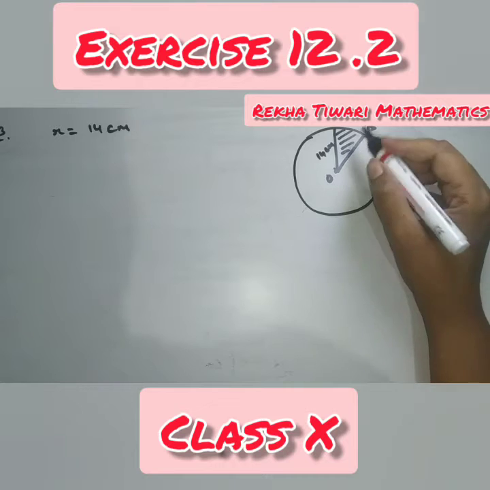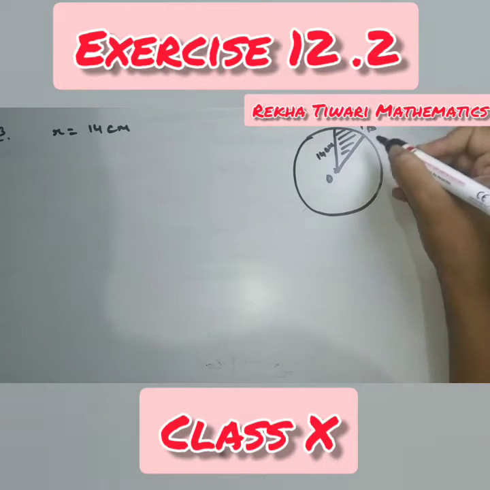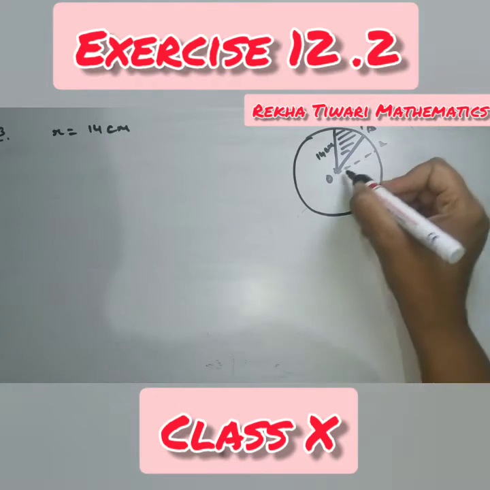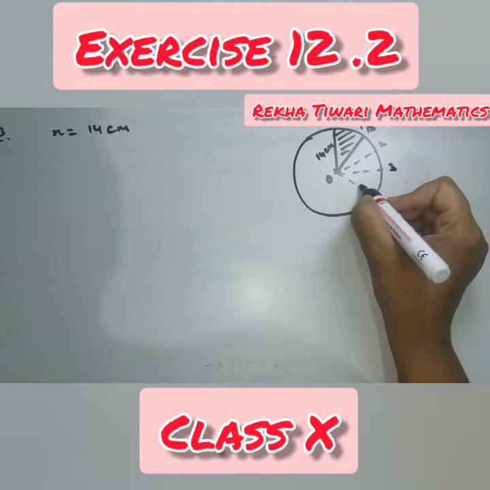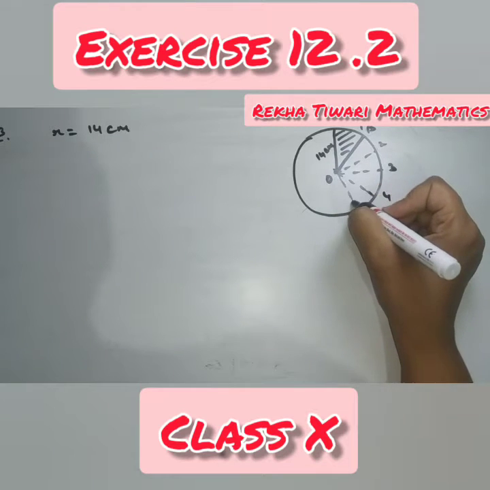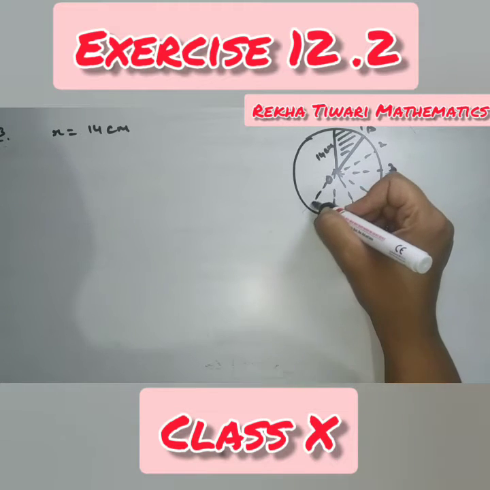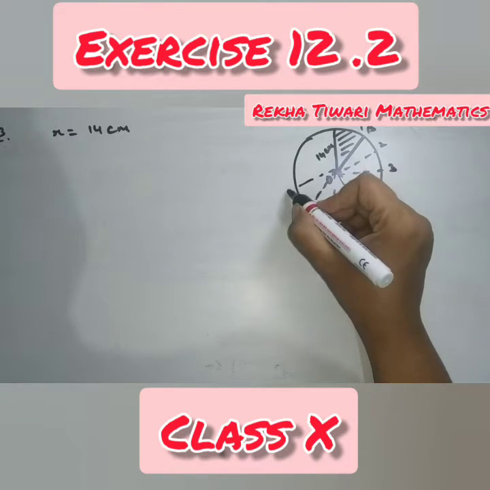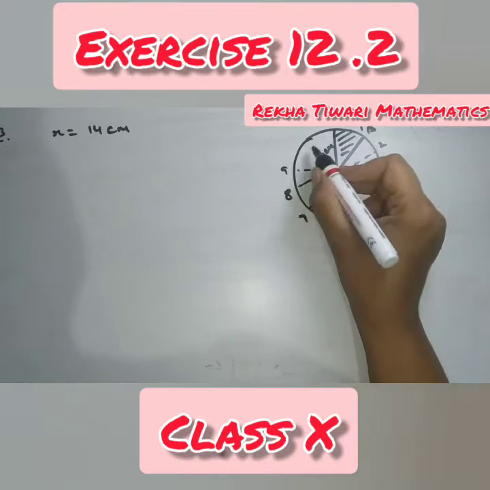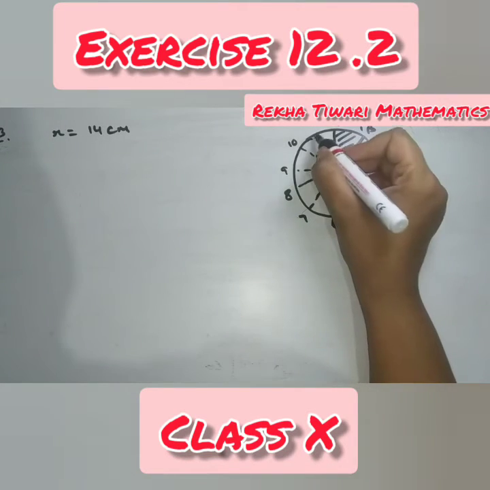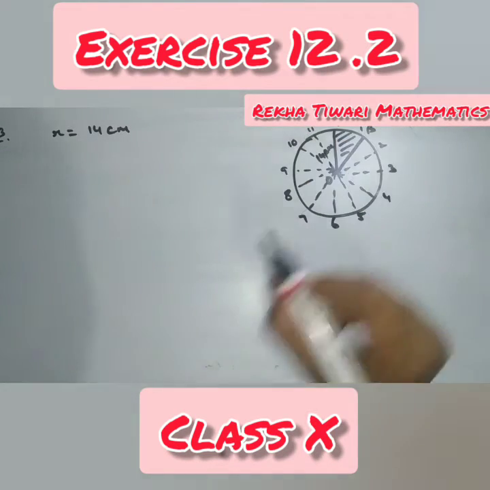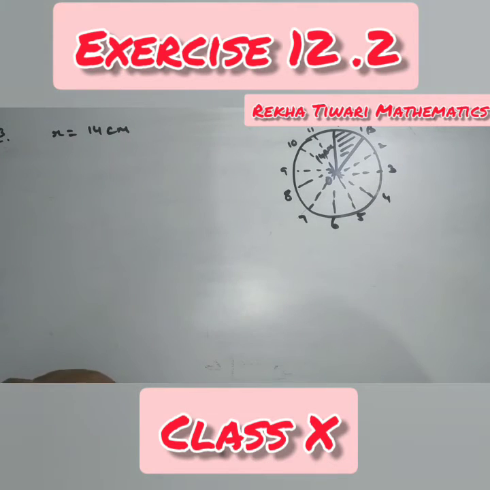See, you can make 12 sectors. This is 12, 1, 2, 3, like this. So total sectors, 12 sectors, and that too equal sectors. So in a clock, 12 equal sectors are made.